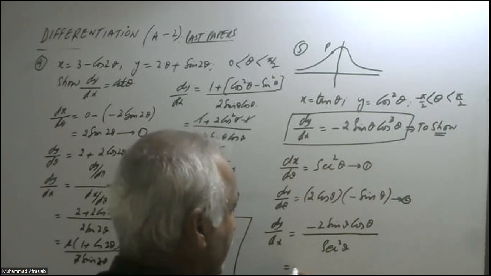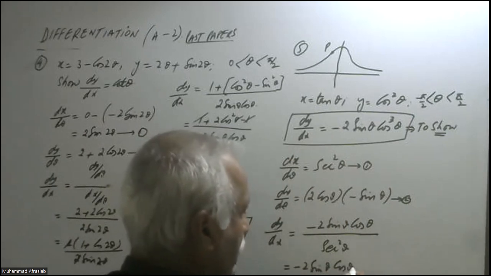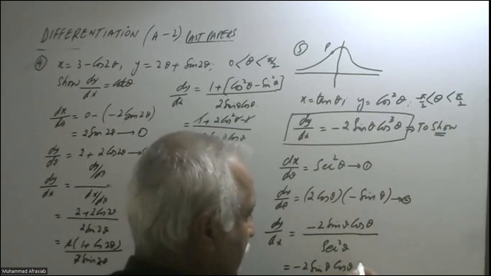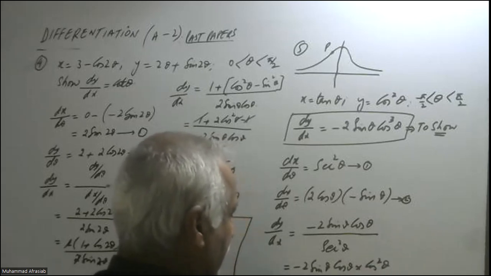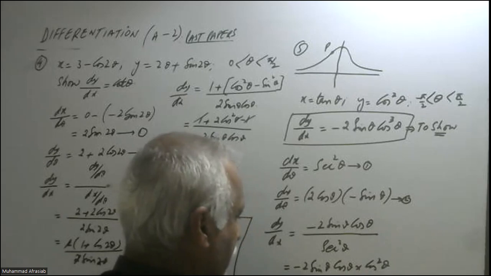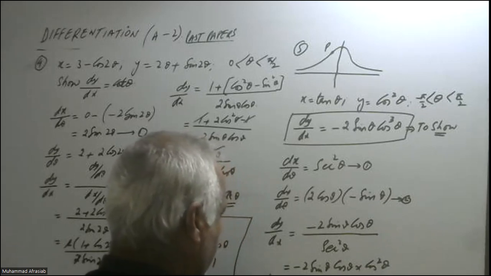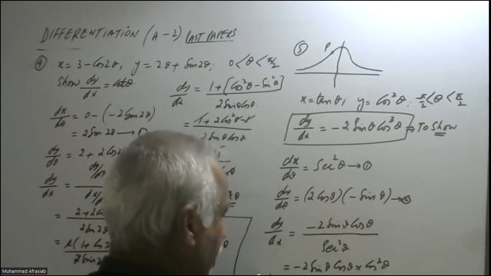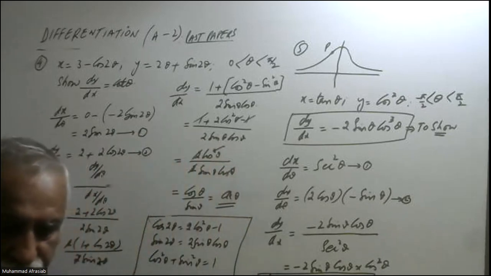But sec²θ is equal to 1 over cos²θ. So that is going to be multiplied by cos²θ here. This thing will become minus 2 sin θ cos³θ, which we had to show.